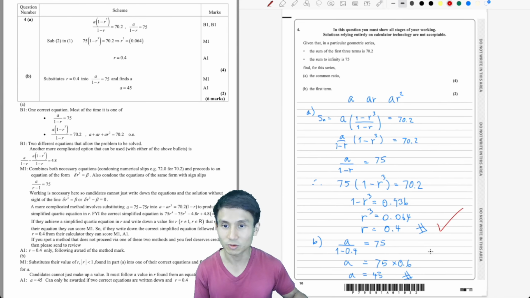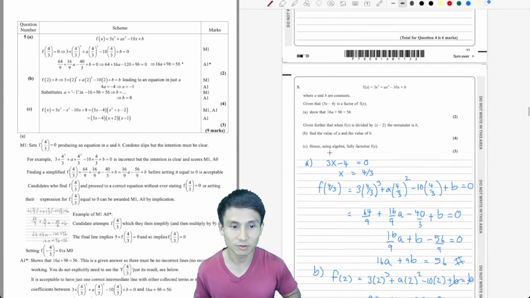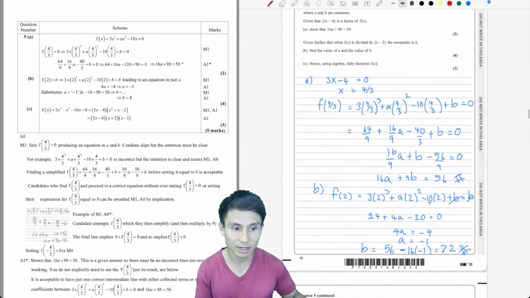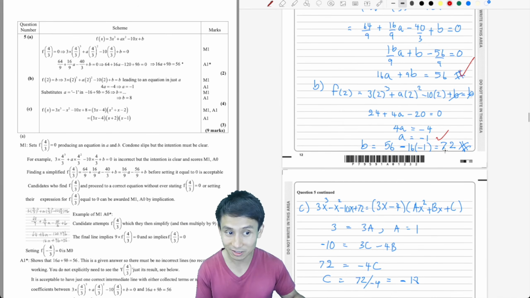4, I equals 0.4, a equals 45, that's fine for number 4. Number 5, yeah, I got this equation fine. And A was -1, B is 8? What's wrong with that? I got 72. That's why the number was so weird.